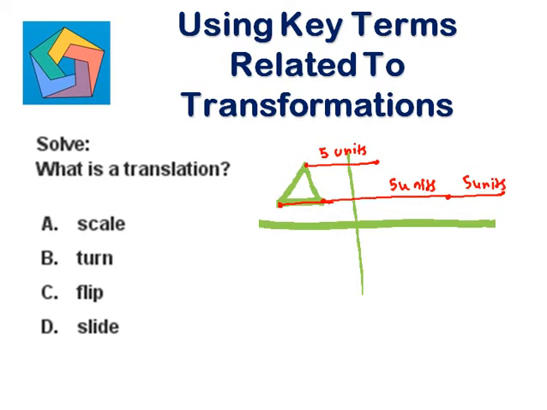So this is what translation means. I'll get my actual figure like this. Sliding every point of the figure the same distance in the same direction. So we can just highlight here this word slide.